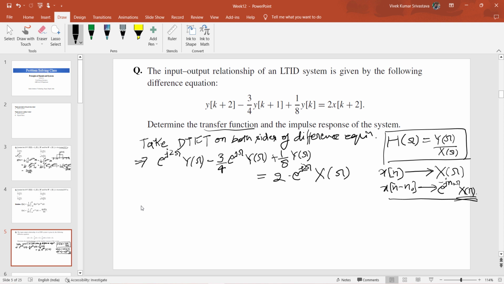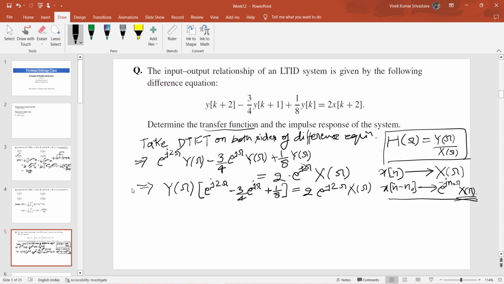Now we take Y of omega common on the left side, so we can write Y of omega into e raised to the power j 2 omega minus 3 by 4 e raised to the power j omega plus 1 over 8 is equal to 2 e raised to the power j 2 omega into X of omega.